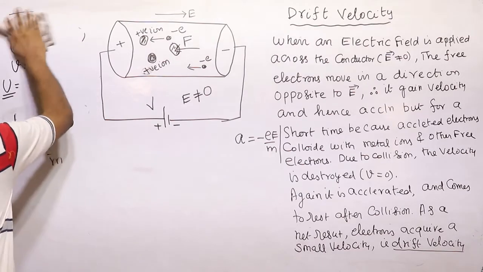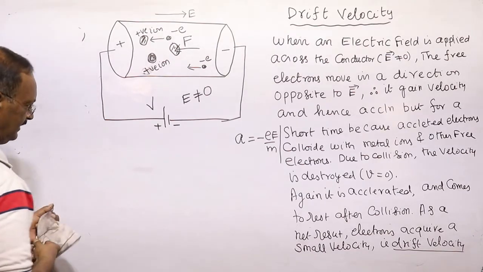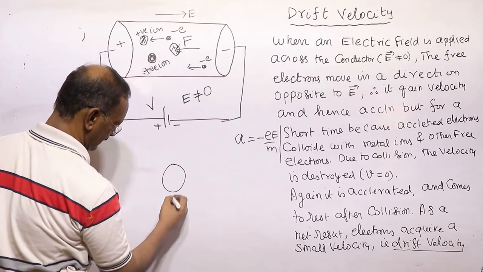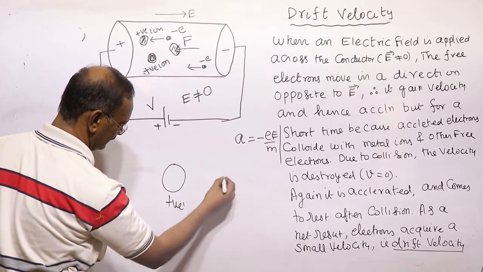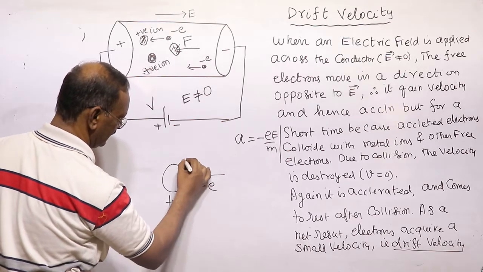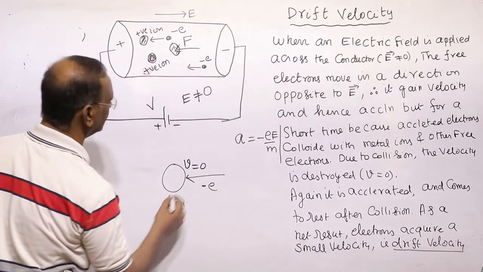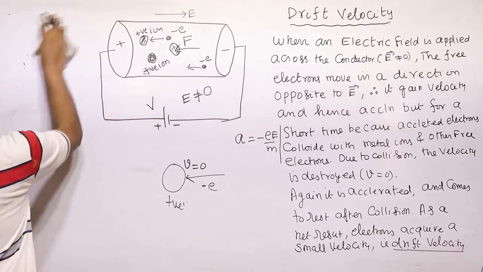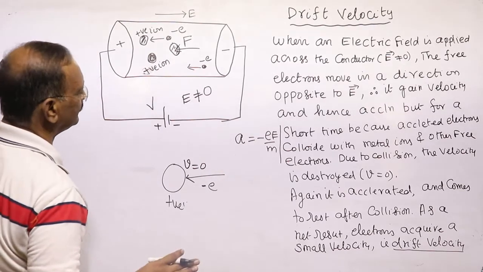Suppose the electron is colliding here with the positive ion. After collision, the velocity acquired due to acceleration is equal to 0.